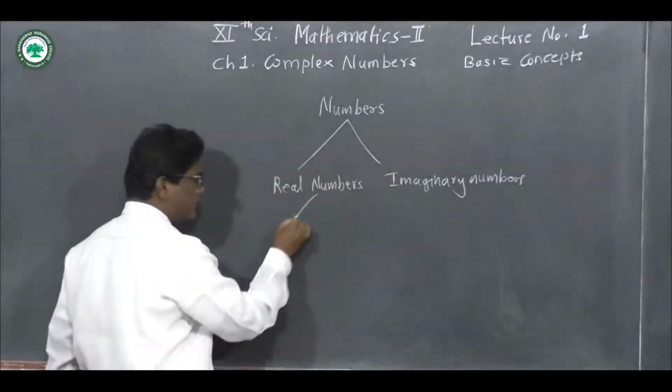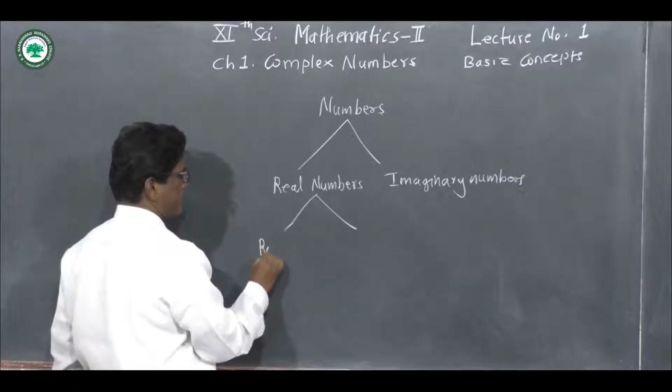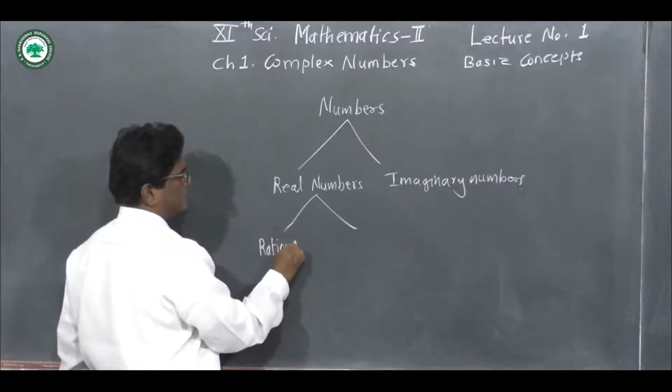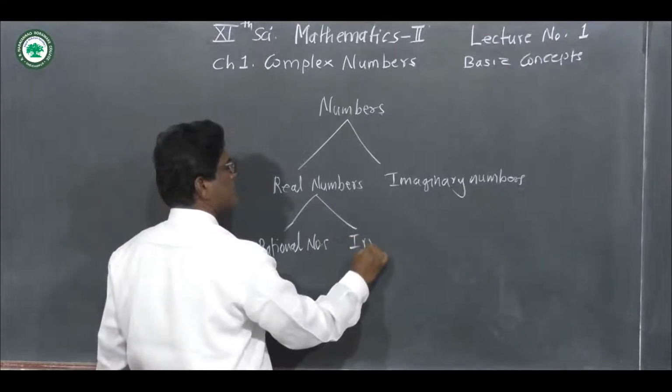Again, real numbers are divided into two types, that is rational numbers and irrational numbers.